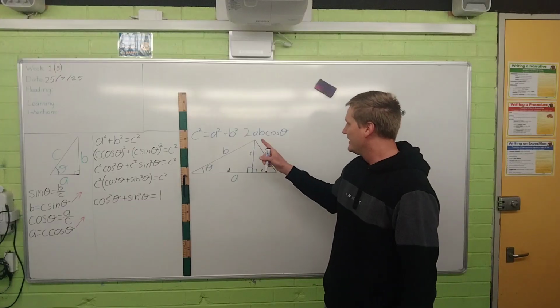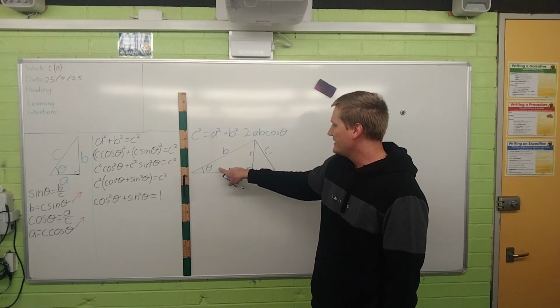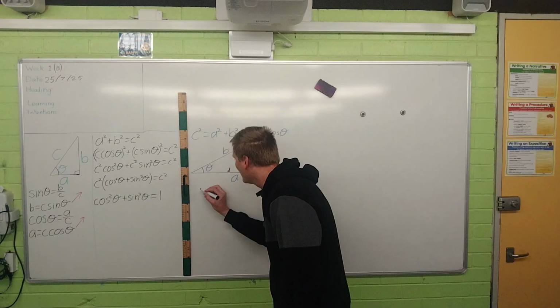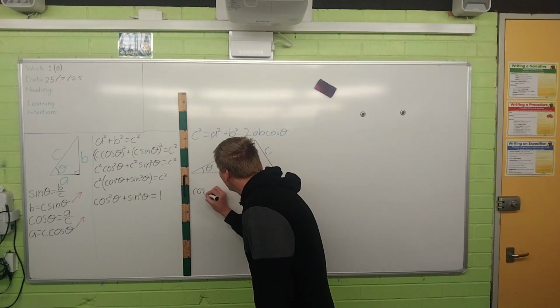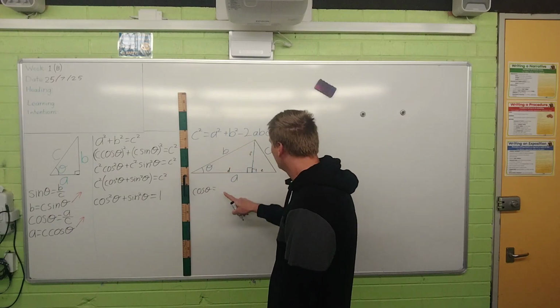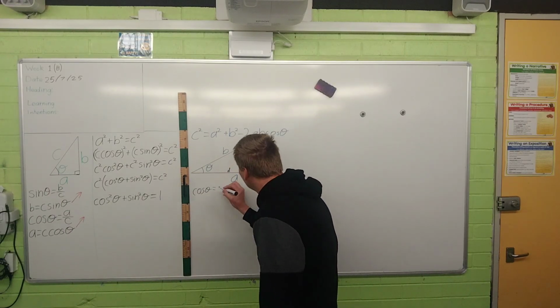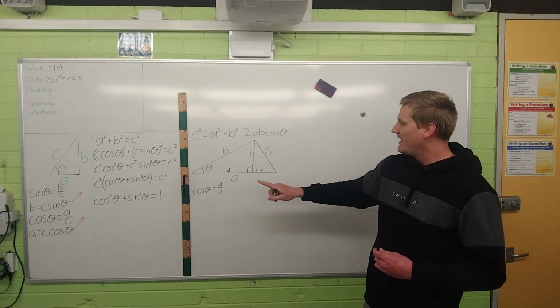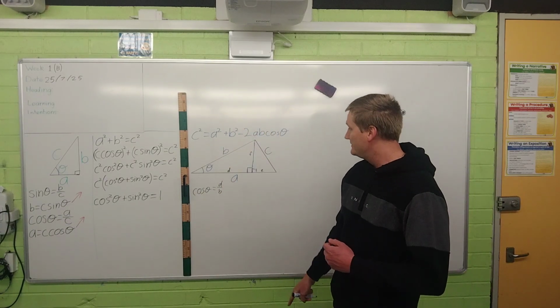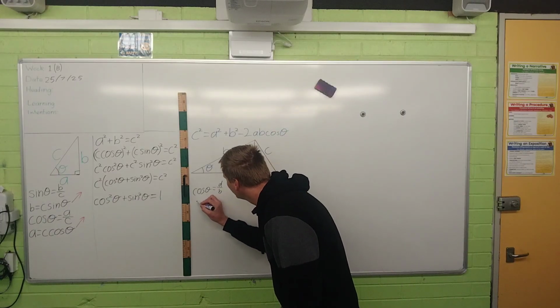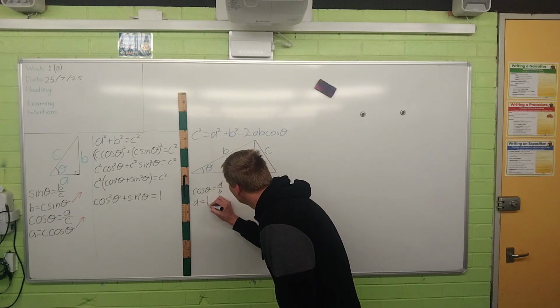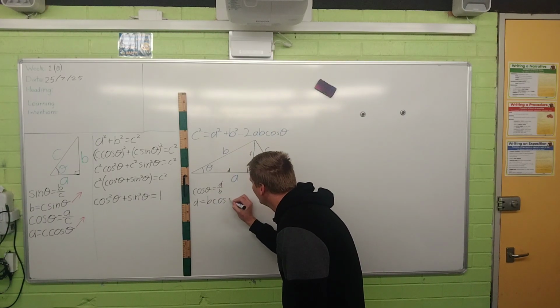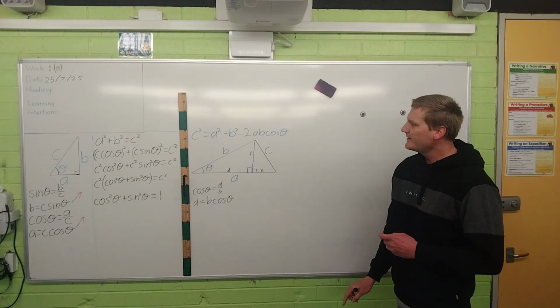what C is. So D is adjacent to theta, so we'll use our cos theta. Cos theta equals D over B, and we'll solve for D, which gives us B cos theta.